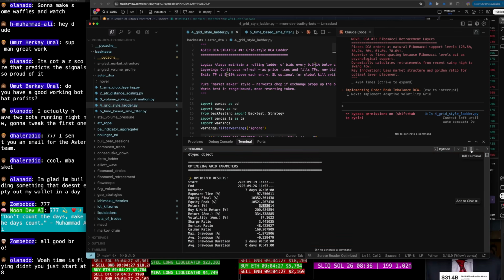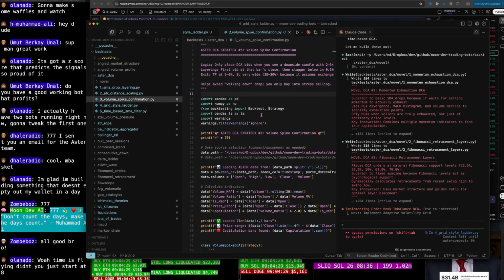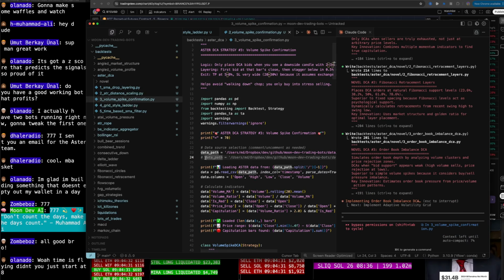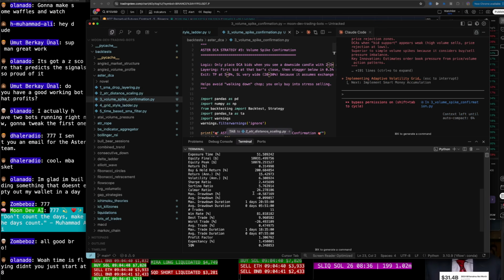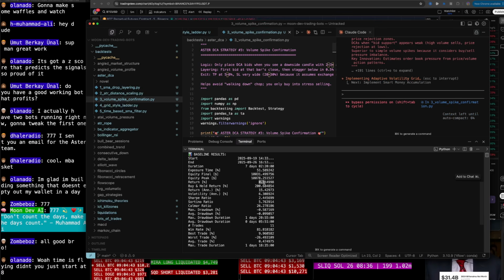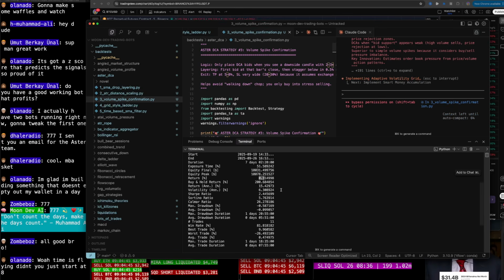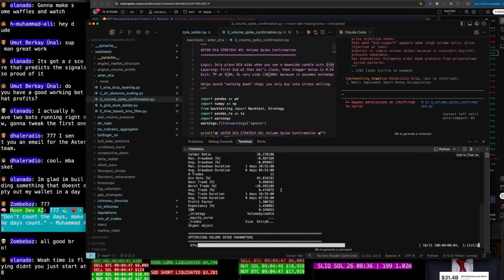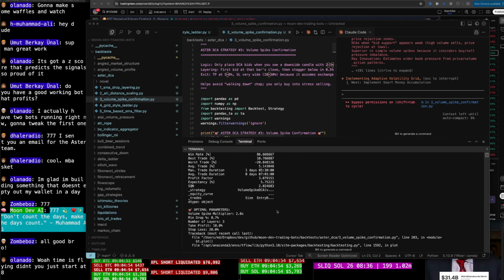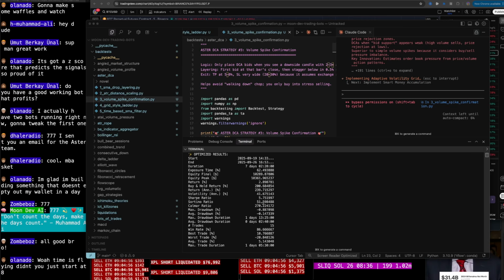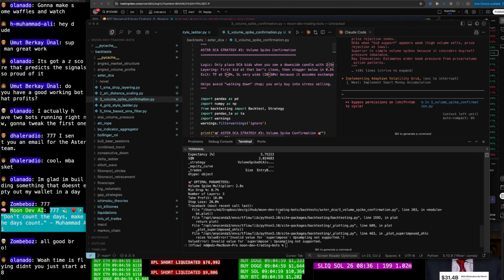Change this one to 5. 11 trades, 0.31% return. Expectancy here is 5.7, 2.8% return.